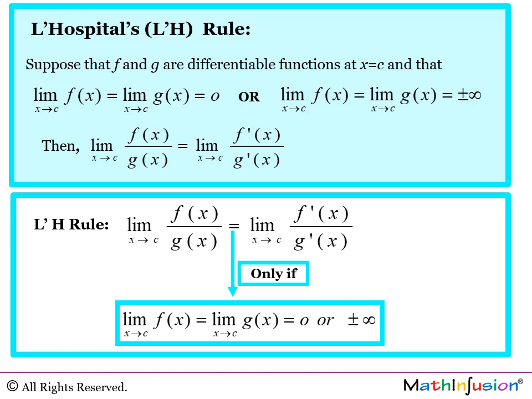The limit of f over g when x approaches c, if it is 0 over 0 or plus or minus infinity over plus or minus infinity, only then this limit equals the limit of the derivative of f over the derivative of g when x approaches c.